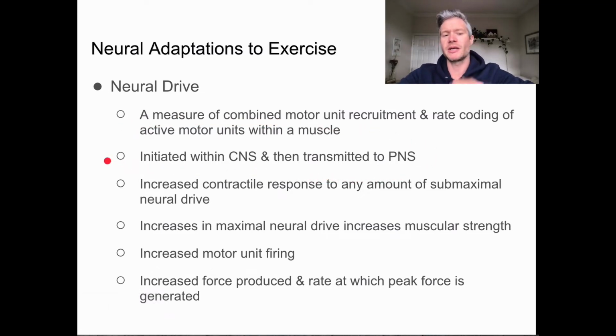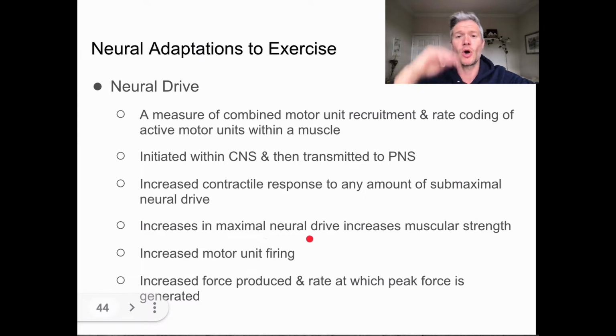As I mentioned, it comes from the CNS, which then gets sent out to our peripheral nervous system, or PNS, and it increases the contractile response. It increases the capacity for our muscles to contract for any submaximal amount.